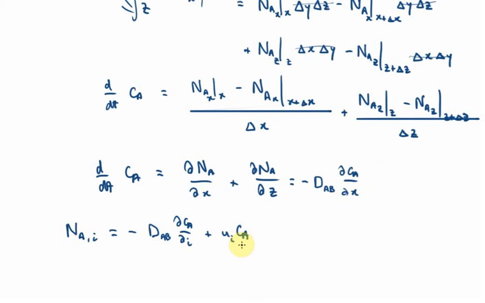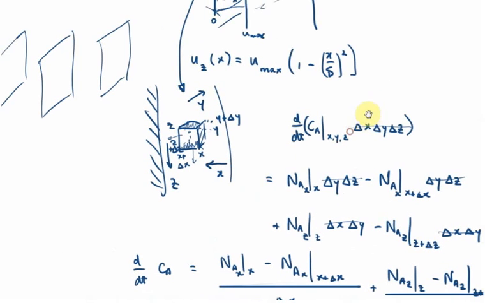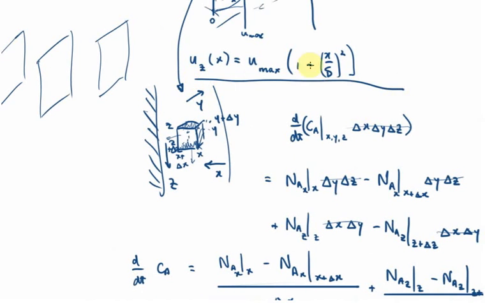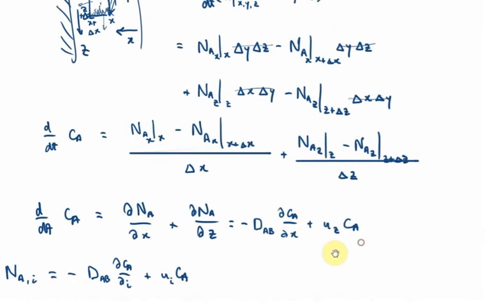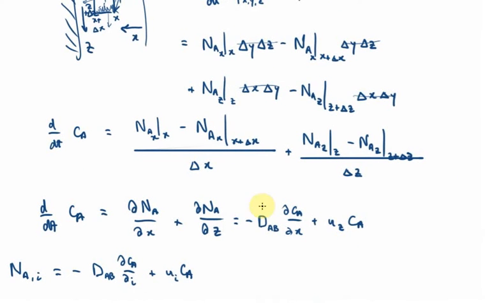And then in the Z direction, diffusion is considered small in comparison with convection, and we would write this as plus UZ CA, where of course UZ is given to us as this expression. So we can substitute this here. Right, so this is of course flux, so I shouldn't write it like this. This is the molar flux in the X direction.